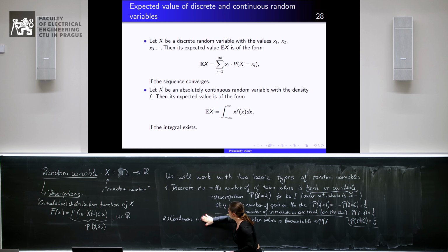Okay, I will talk about the random variable z. Then the number of taken values is uncountable, so it means that the probability that z is equal to some concrete value is equal to 0 for all k from the uncountable set.